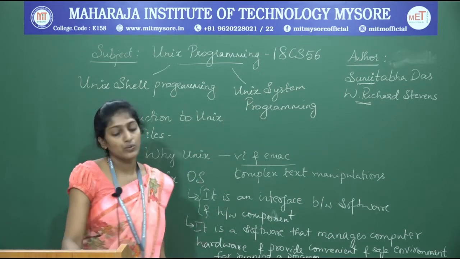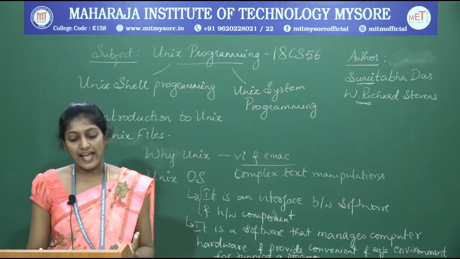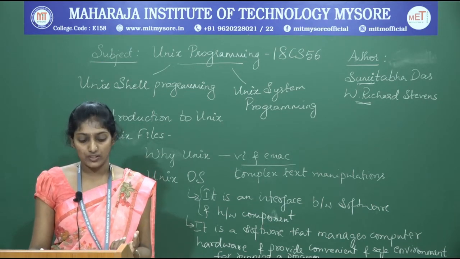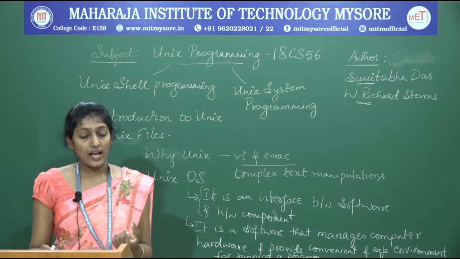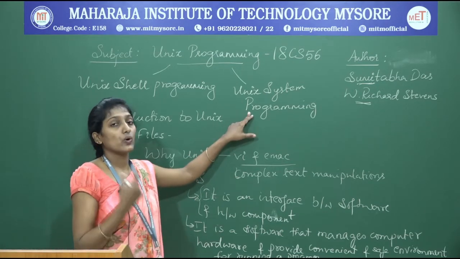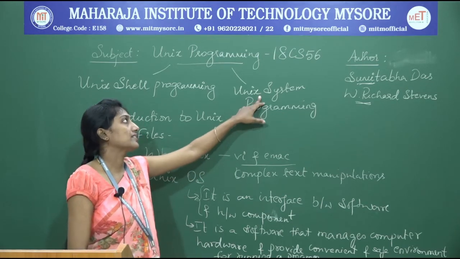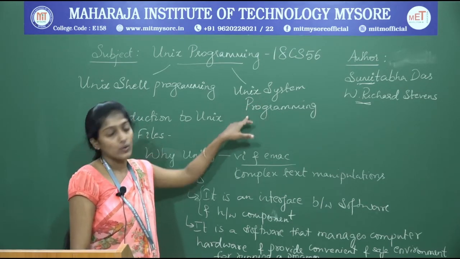Coming on to Unix system programming. It is the activity of programming a computer system software. If the user wants to program the computer system software itself, then you need to understand system programming.